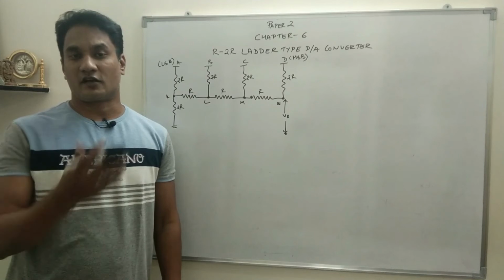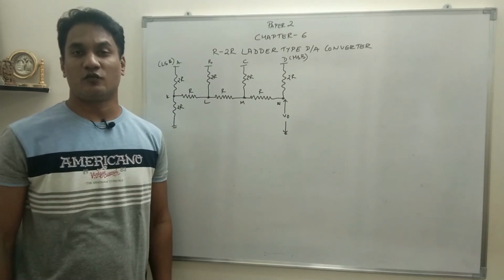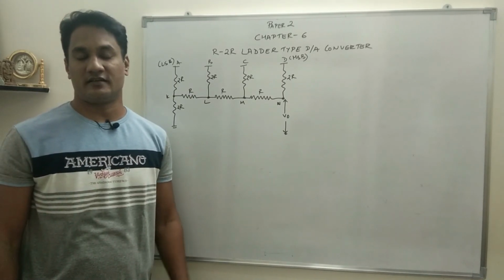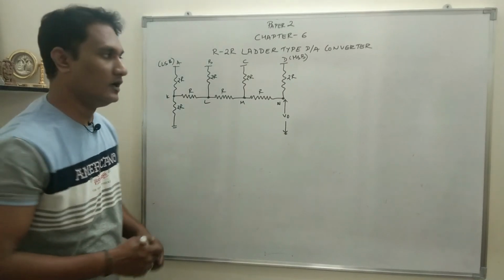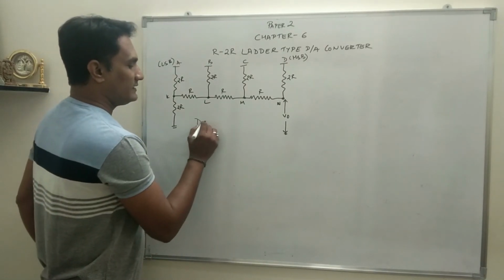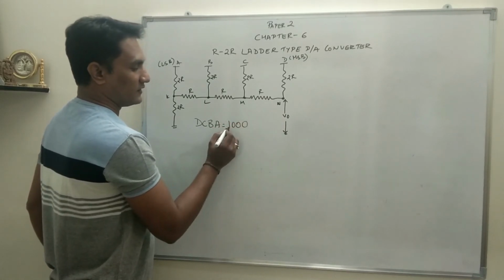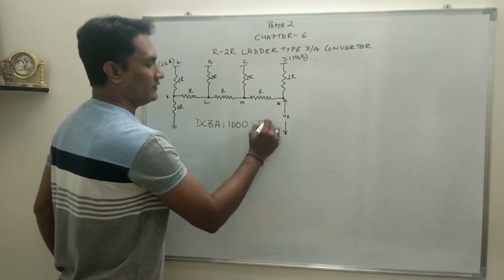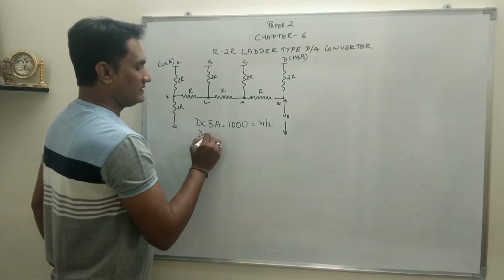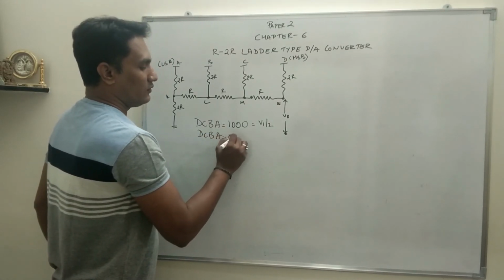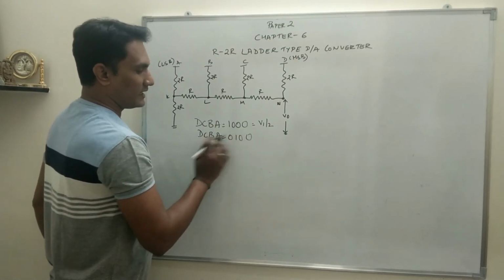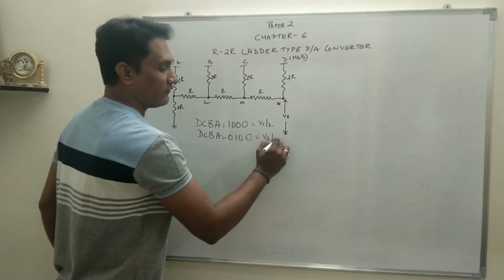Now after observing the output voltage for 1 appearing at D and 1 appearing at C, we can write, say DCBA, when it is 1 0 0 0, that means when 1 appears at D, the value will be V1 by 2. Similarly DCBA 0 1 0 0, that means when 1 appears at C, the value is V2 by 4.